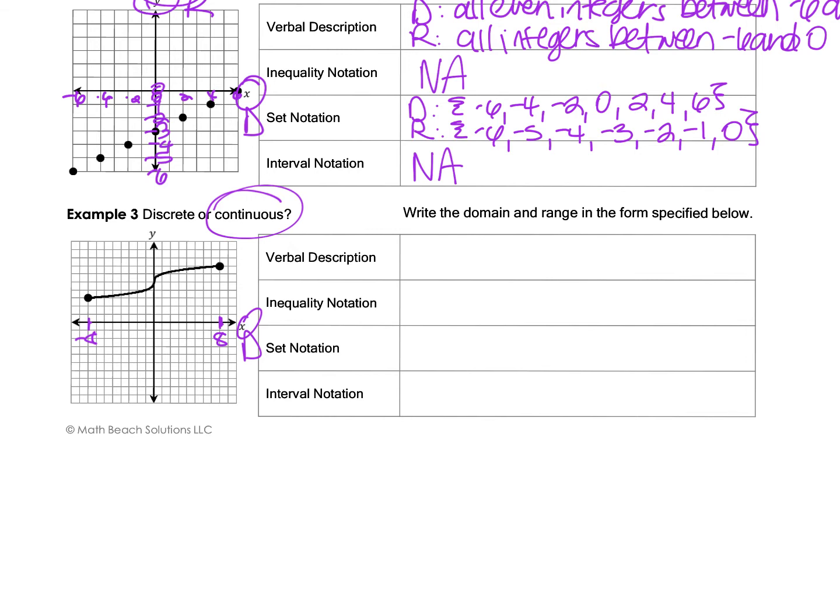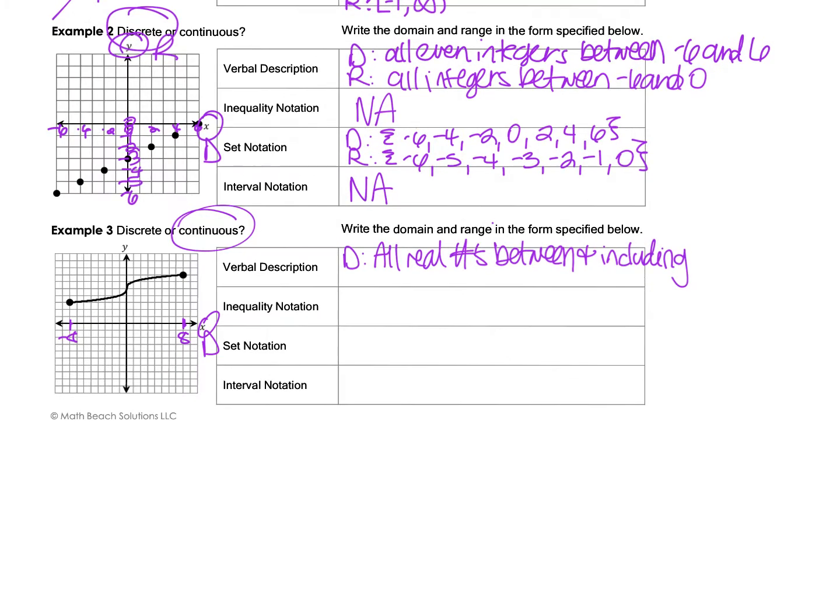So we are going to do our verbal description for the domain. It's all real numbers between, and including, -8 and +8.